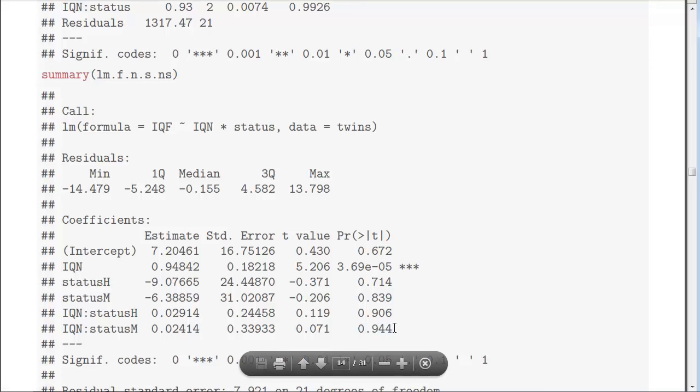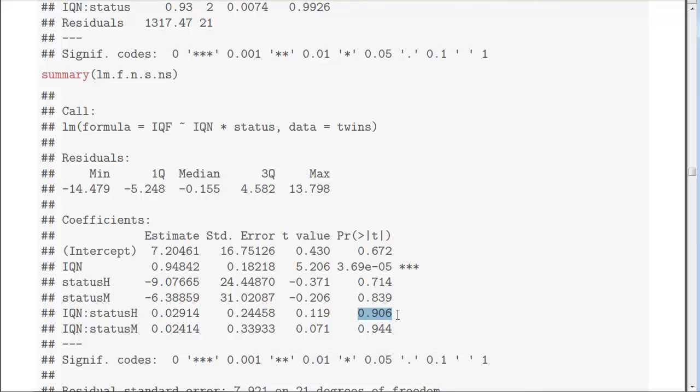Now this is not really a very interesting test for us, because this is testing only whether the slope for the medium group is different from the low group. There isn't the specific test here, for example. Well, let me do a couple more things. So this tests whether the medium slope is different from the low group. This tests whether the high group slope is different from the low group, but there's no test here for the difference between the medium and high group.